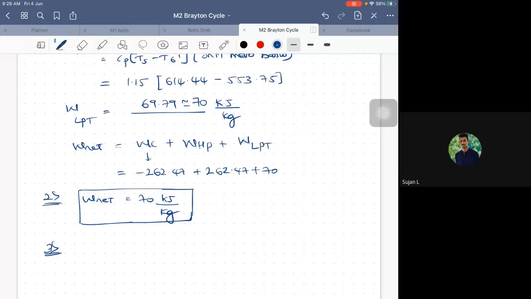So the third sub-part, what is it asking? Work ratio. So how will you calculate the work ratio?